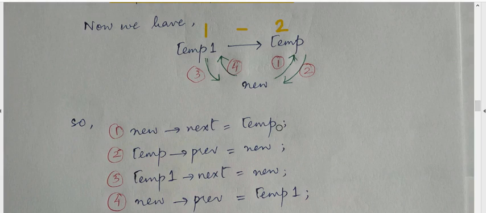So in new to next we have to put temp. New to next is temp, which is your step 1. And in temp to previous you have to put new, that is step 2. In temp 1, since we have generated temp 1 from temp 2, in temp 1 to next you are putting new, which is step 3. And new to previous has to point to temp 1, so this is your step 4.